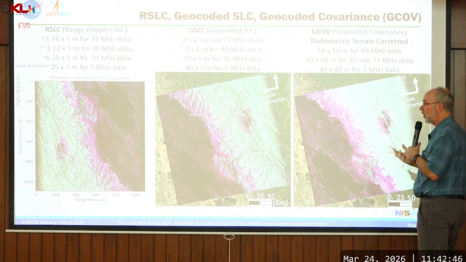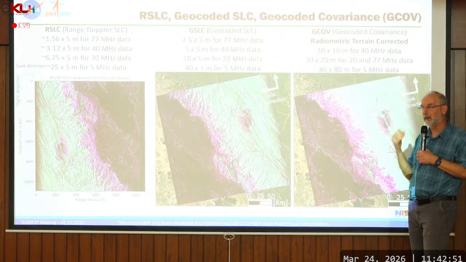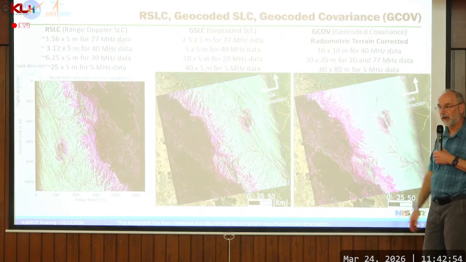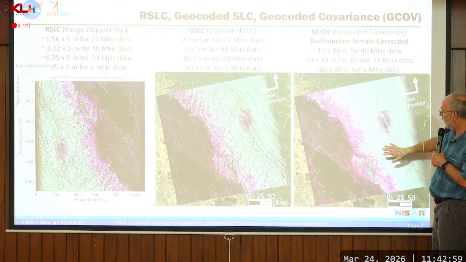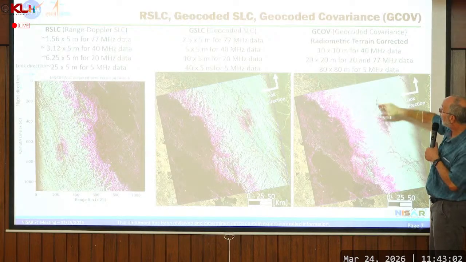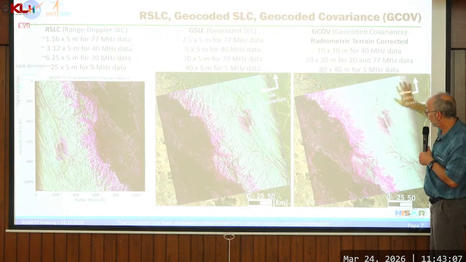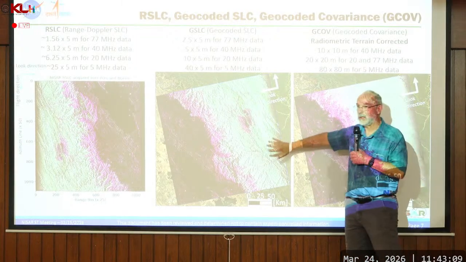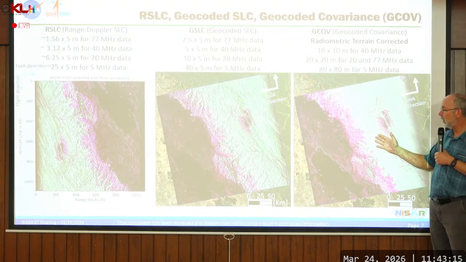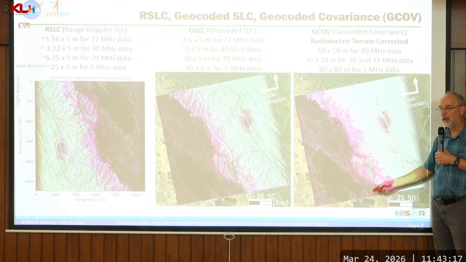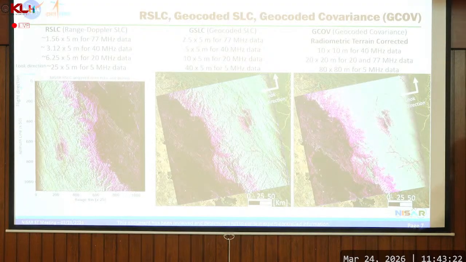And from the local slopes, we can estimate the expected radar backscatter brightness variability, and then we subtract that from the data themselves. So I think, at least to my eye, and I hope you agree, that this G-code product, which has this radiometric terrain correction applied to it, is much more uniform than what you see here. And what you're really seeing here then is the intrinsic backscatter of the forest and the non-forest areas, without the confusion of the topographic relief.